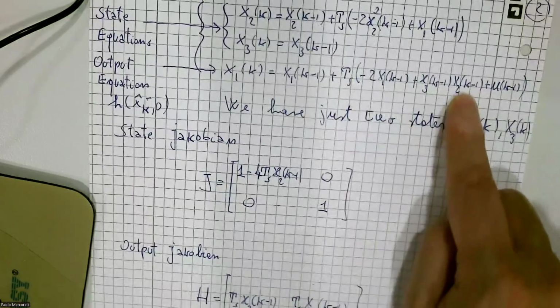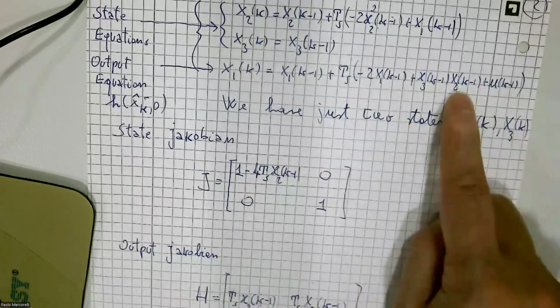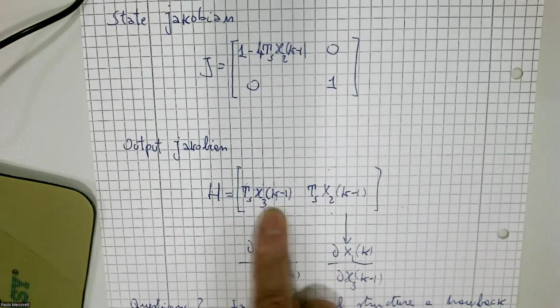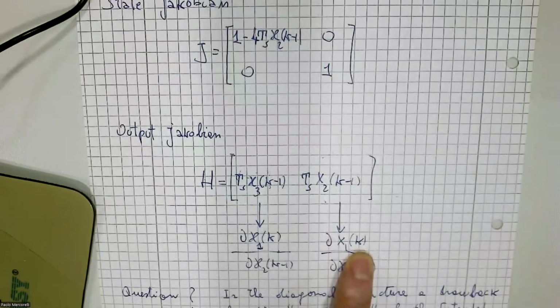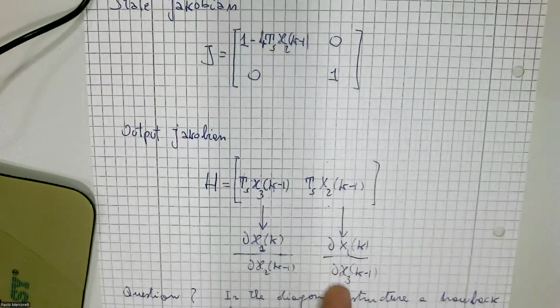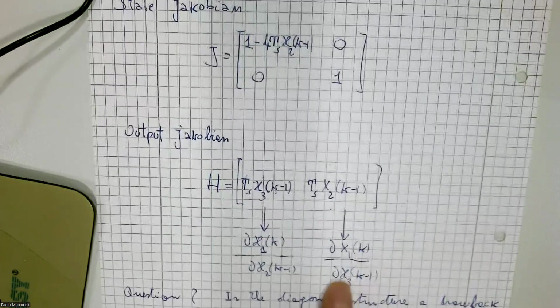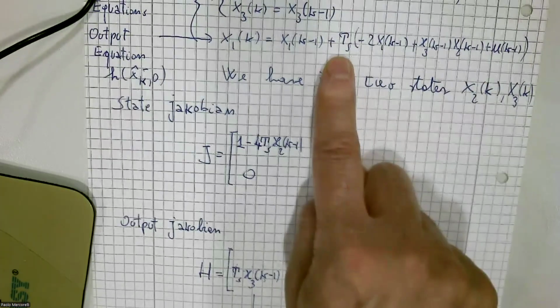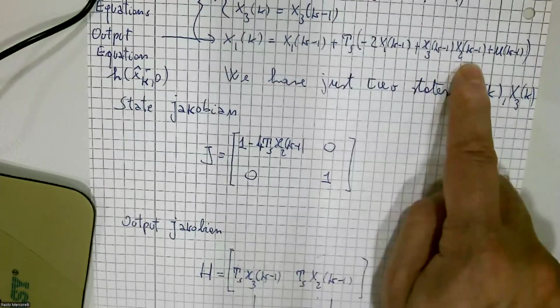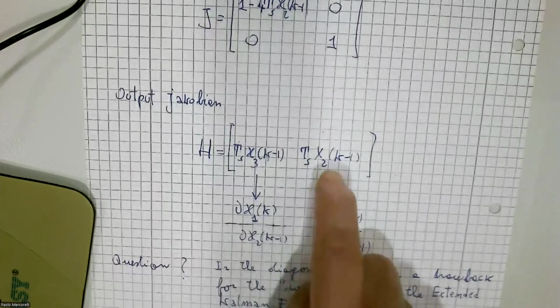That is Ts multiplied by x3. What about x1 of k, again our output equation, with respect to x3 of k minus 1? If you look here, this time it is 2 Ts multiplied by x2.